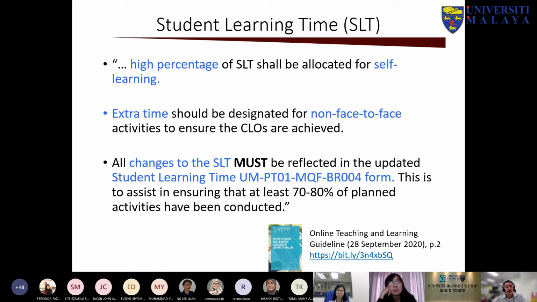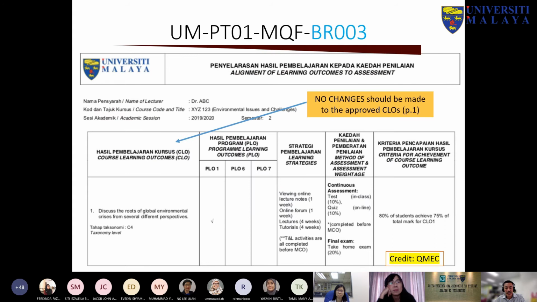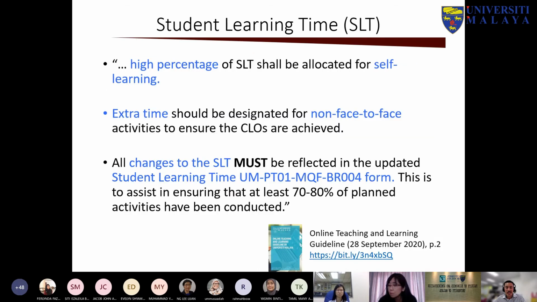For changes in student learning time, remember this is the SLT, or the borang tiga, as we normally say. You can change the SLT to make sure that the learning time can be accounted for in the SLT form.